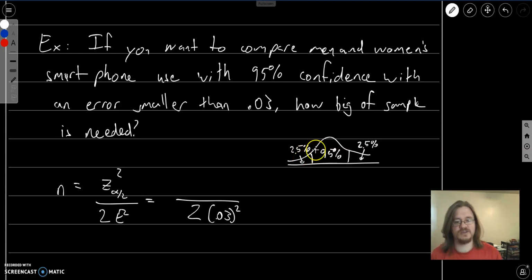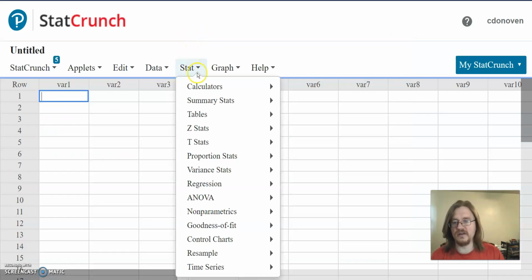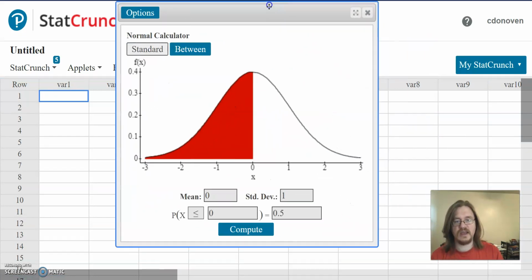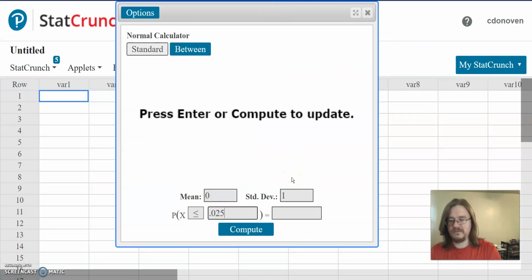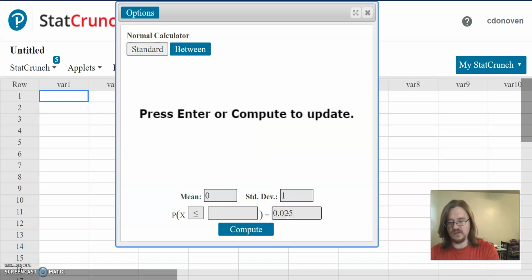So if we come back to StatCrunch, we can open up our normal distribution calculator, and we want, so 2.5% is 0.025. But that should be the area. I entered it in the wrong spot.